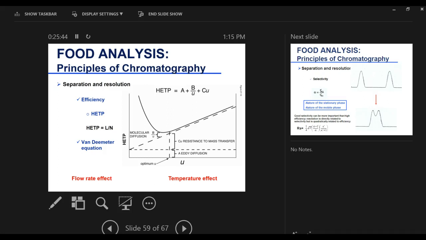Okay, so I want you to think about this as the stream of the mobile phase coming in. Think of this as a river, and this is water, and these are rocks. If you have large rocks versus small rocks, which type will cause more deviation in the stream of water?